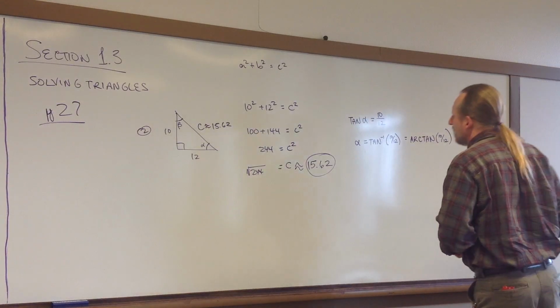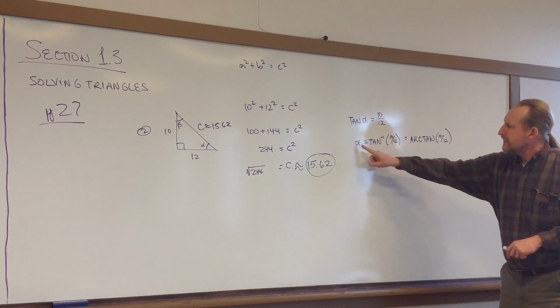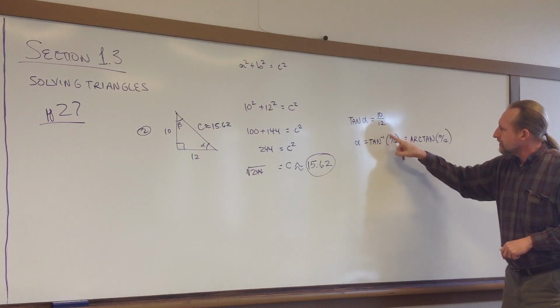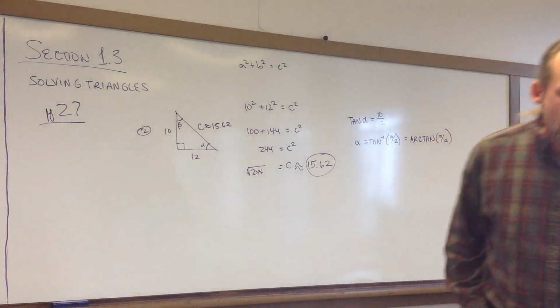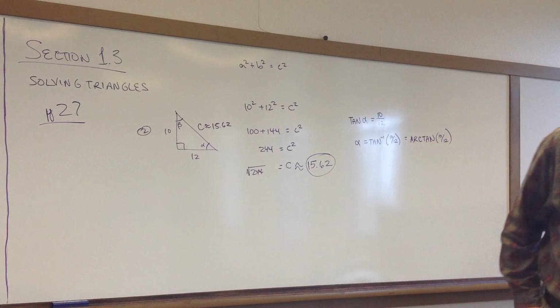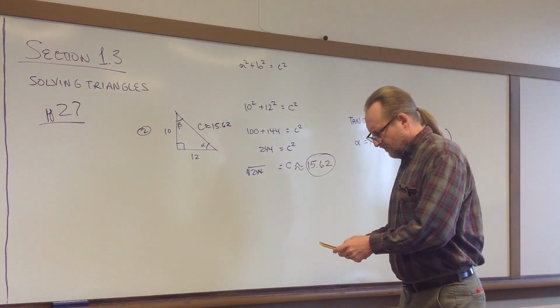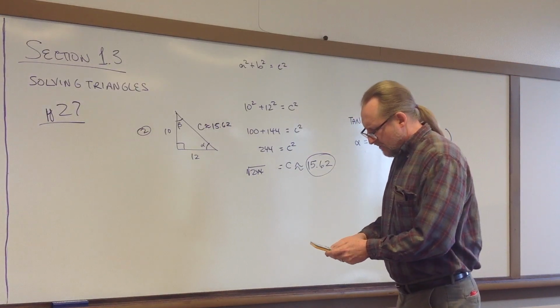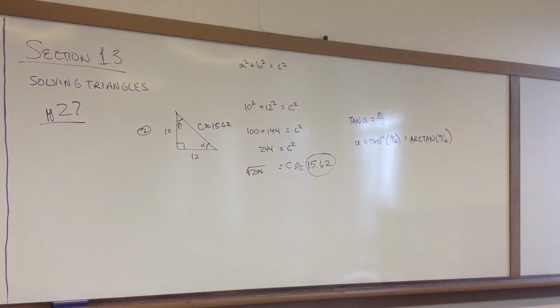But in any case, what we're getting at here is we want to find the angle whose tangent is 10 over 12, or 5 over 6, however you want to think about it. And we want to do this in degrees for these problems. So first of all, in the mode section, let me show you the calculator as I'm working on this.